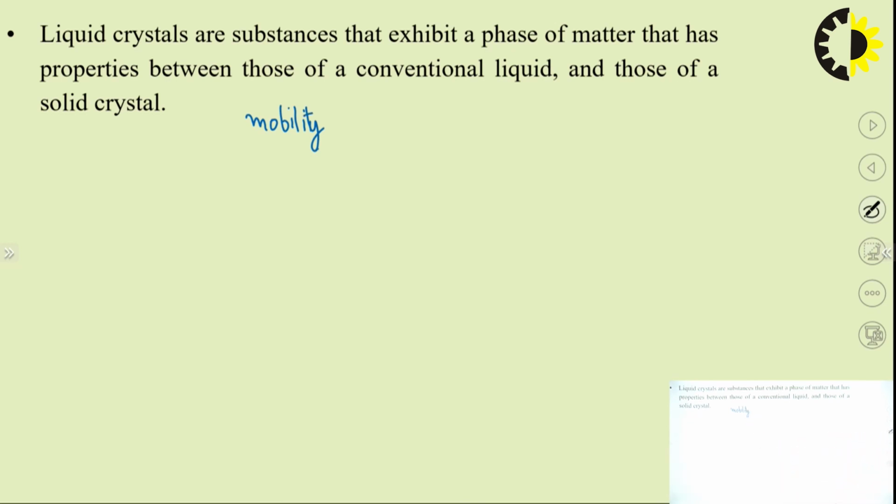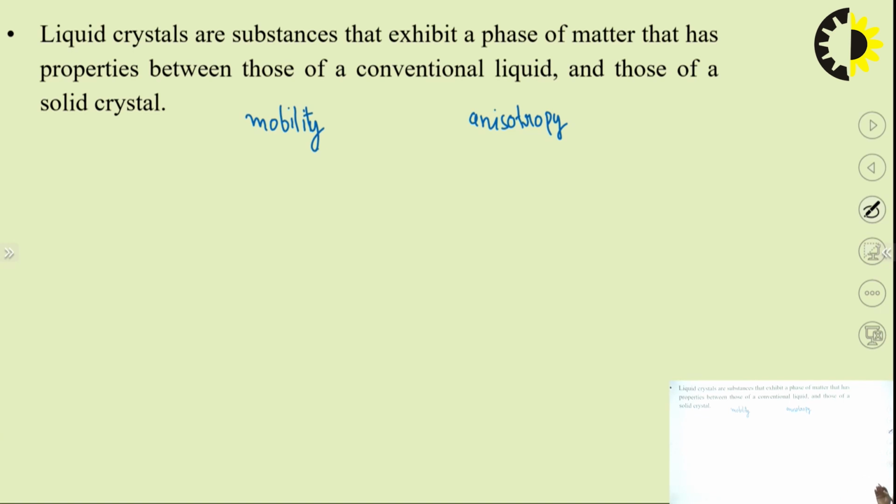The molecules present in a liquid crystal are very much mobile in nature. And what is the main property of solid? The most important property of solid is anisotropy. So we can say that in this liquid crystal, some anisotropy is there. So they are like liquid as well as like solid.